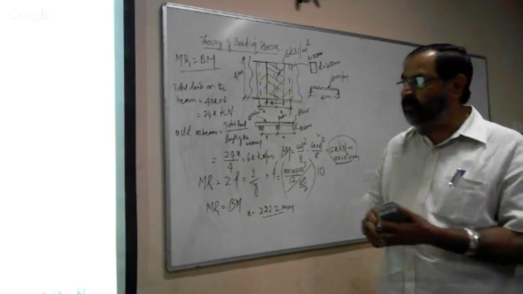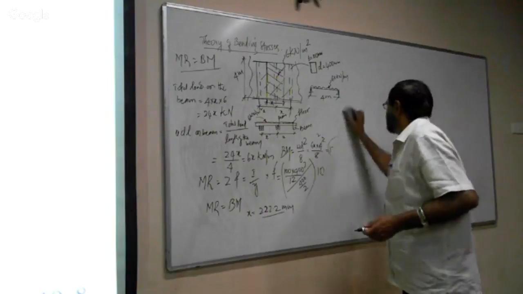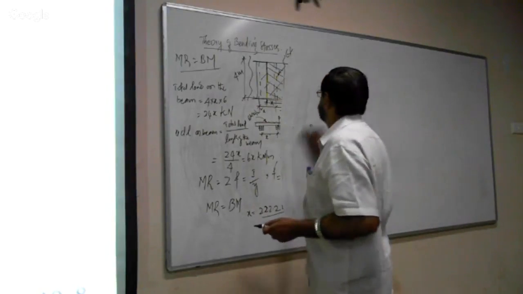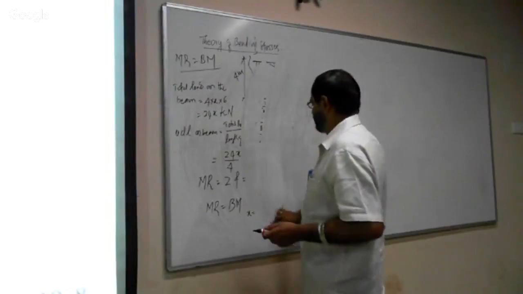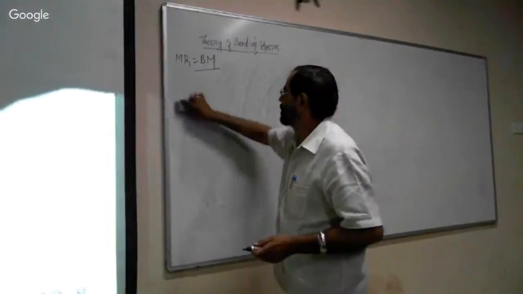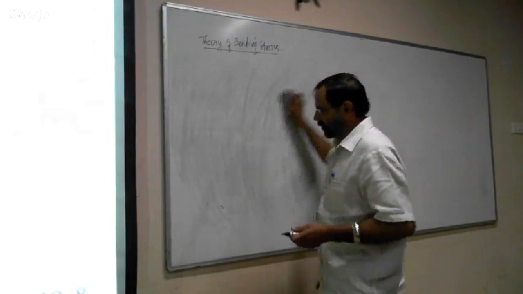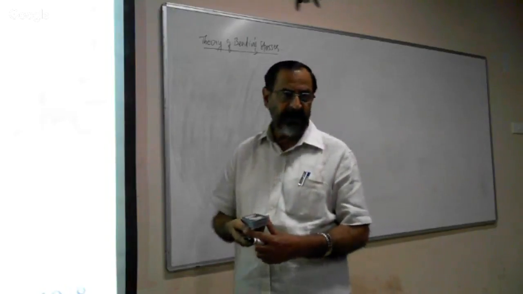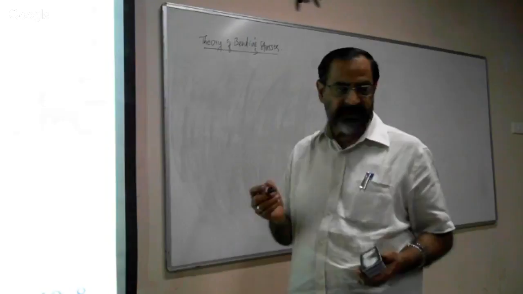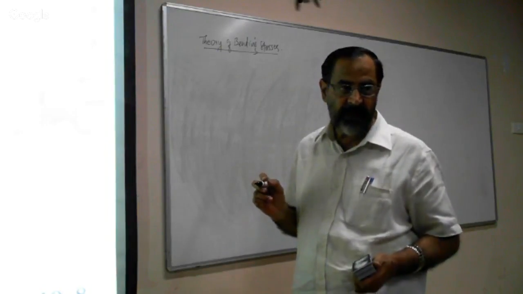And let us solve one more problem of a similar kind, a similar type with different data. A timber joist, 10 meter span, has to carry a brick wall.